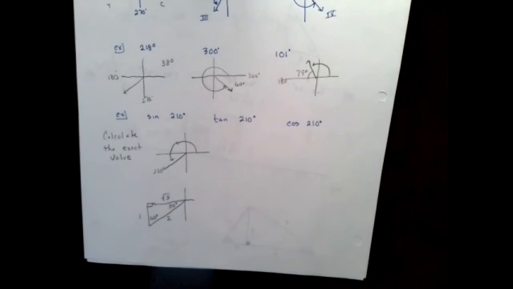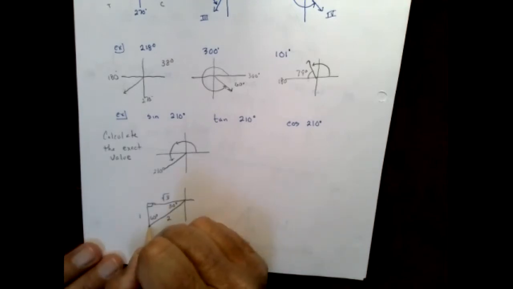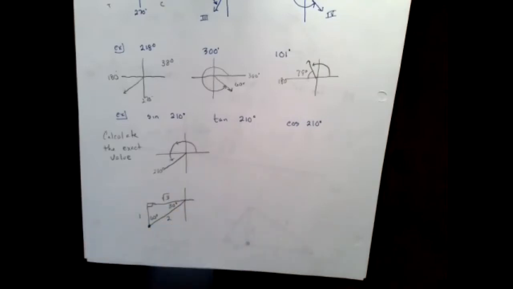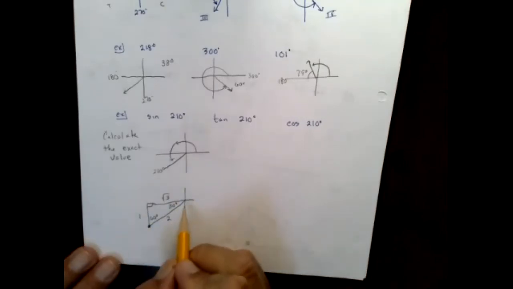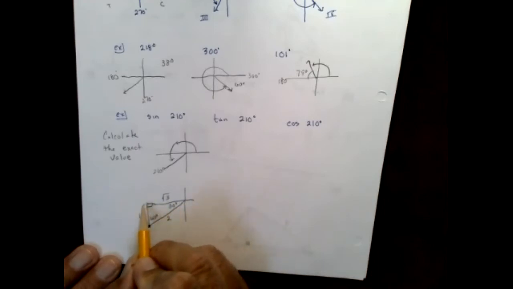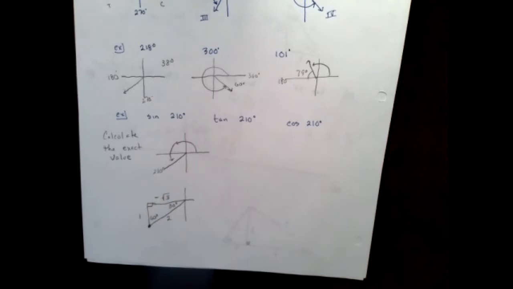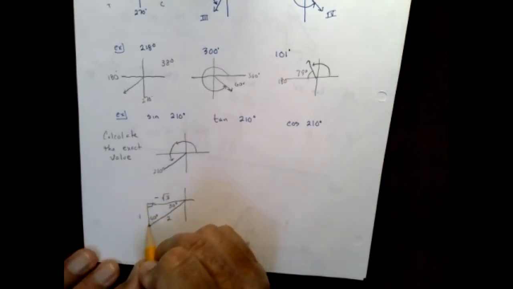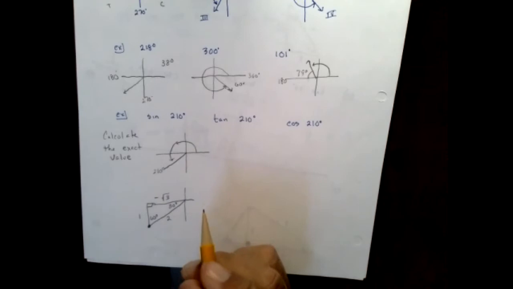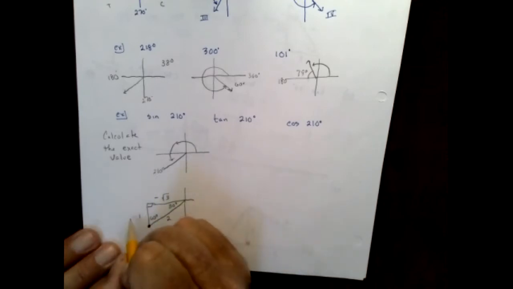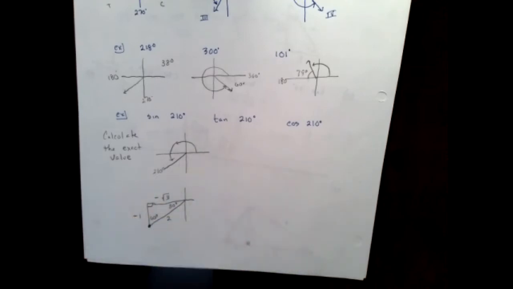But I also know by location, if I said, what is the ordered pair to get to that point? Well, I'm going to the left, so this has to actually be negative square root of 3. I'm going down, so that has to be -1.